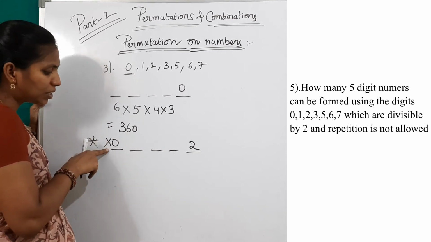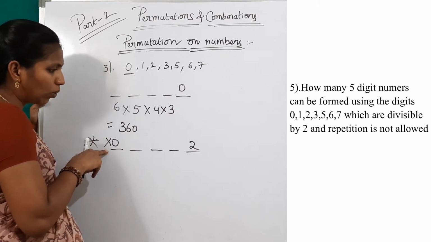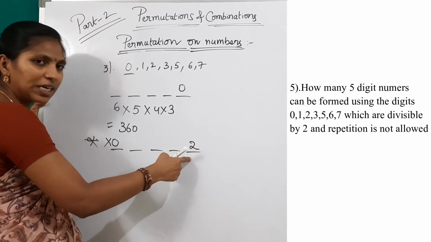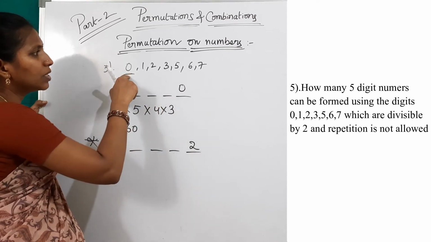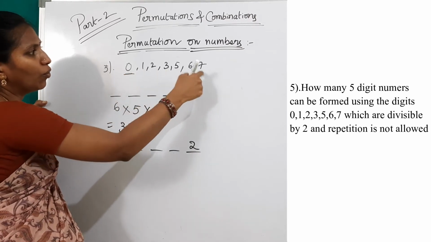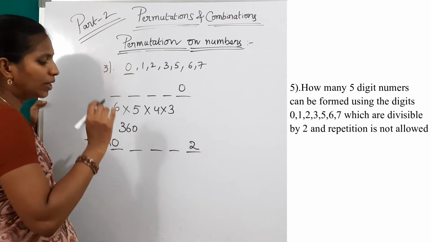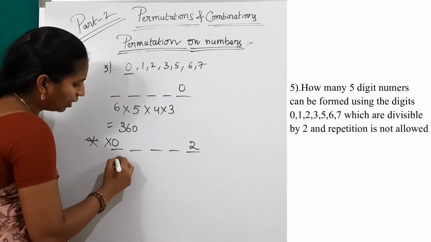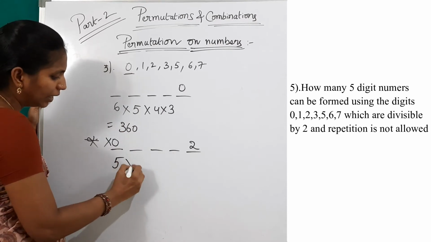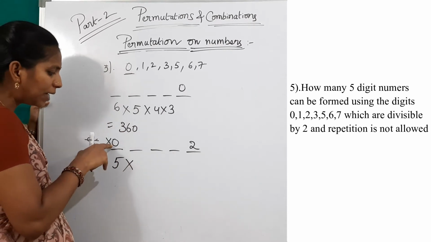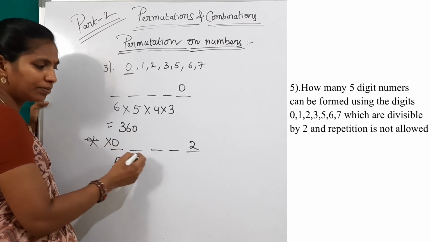So except 0 and 2 is fixed in this position, then how many digits are remaining? 0 and 2. 1, 2, 3, 4, 5. 5 digits are remaining. So here there are 5 chances to fill this blank. 5 into. Can I place 0 in this position?